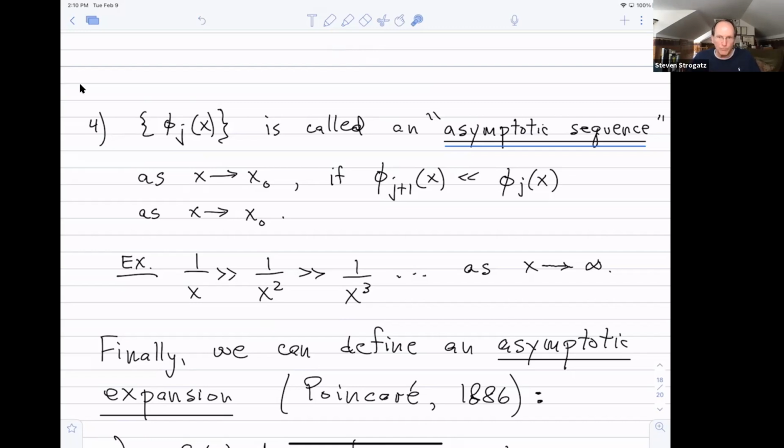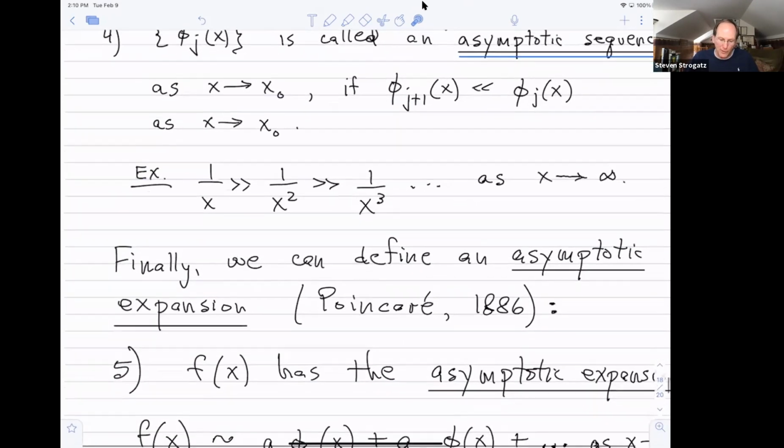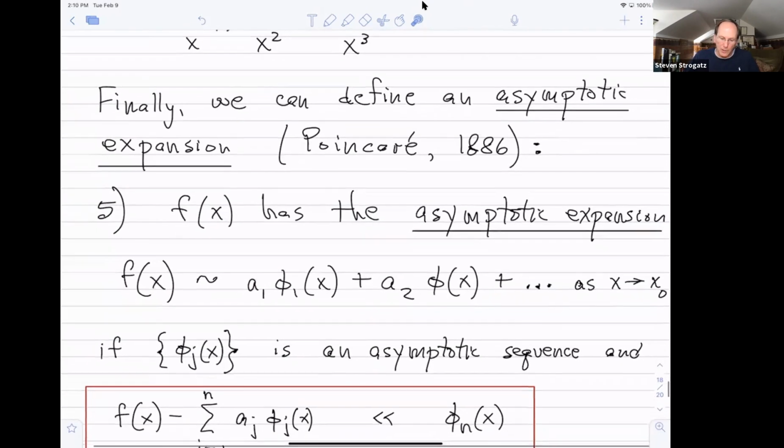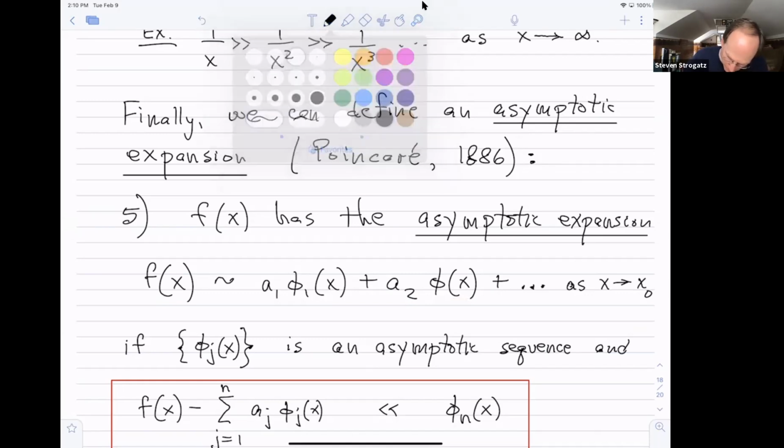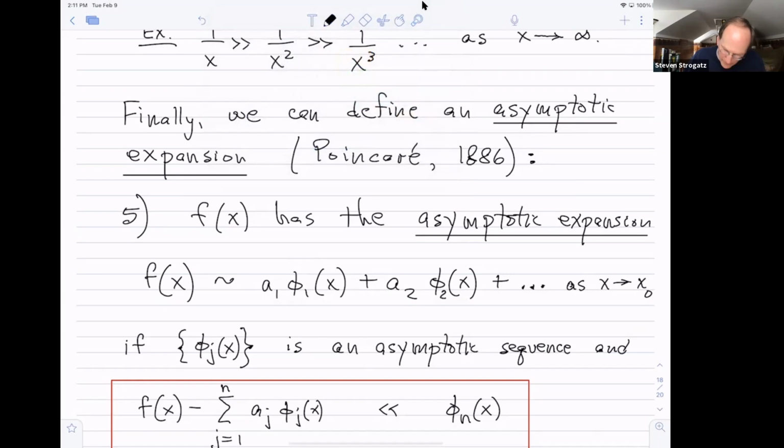this leads us finally to what we were aiming for today, the concept of an asymptotic expansion, as introduced by Poincaré back in 1886. It's in terms of what we just wrote down, an asymptotic sequence. You say that a function f of x, think of our exponential, the integral that we did, has an asymptotic expansion written this way: f of x is asymptotic to some coefficients, a1 times a function phi1, plus a2 times a function phi2, plus, et cetera.